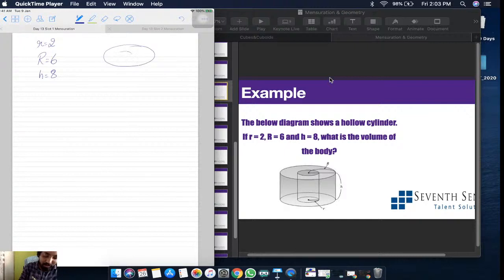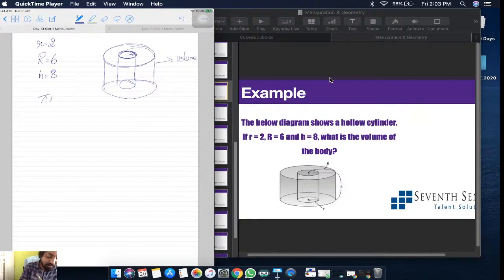If you want to find the volume of it, you need to subtract the smaller cylinder from the bigger cylinder.